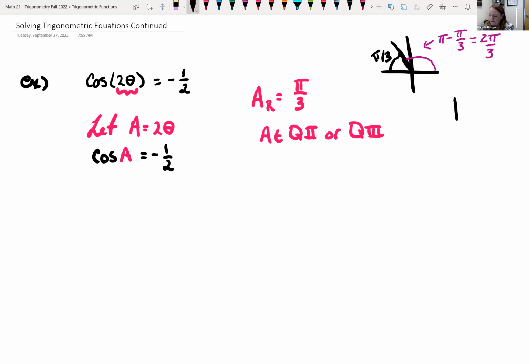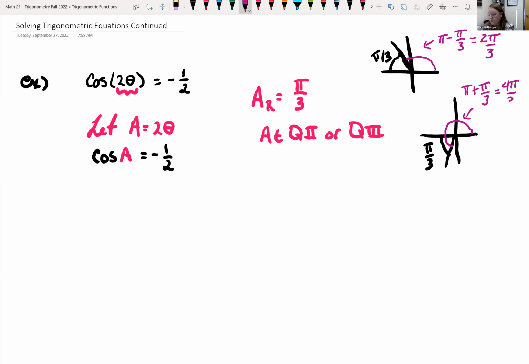Same idea: I need to figure out what angle I am in the third quadrant when my reference angle is pi thirds. Going all the way around, this angle would be pi plus pi thirds, so 3 pi thirds plus 1 pi thirds is 4 pi thirds.